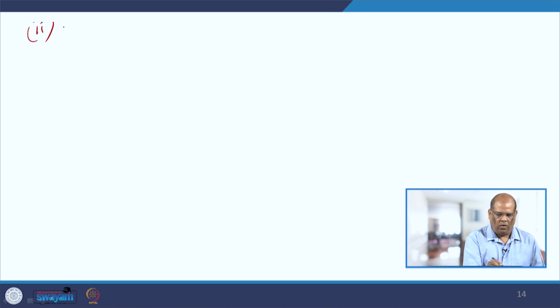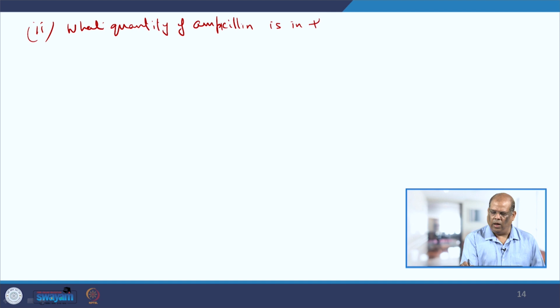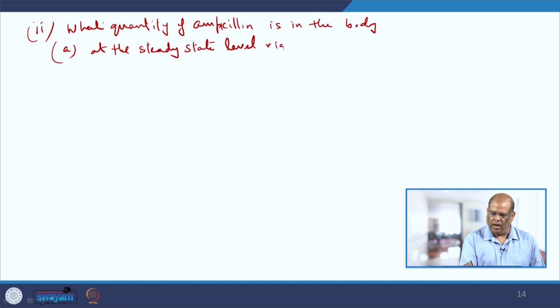Say, what quantity of ampicillin is in the body at the steady state level right after taking the tablet?